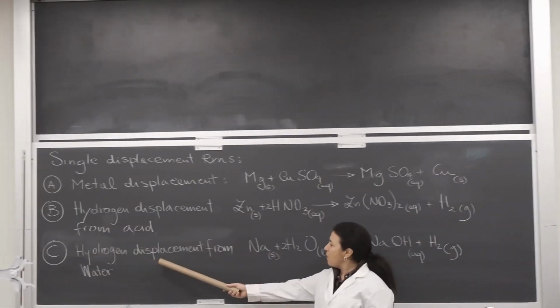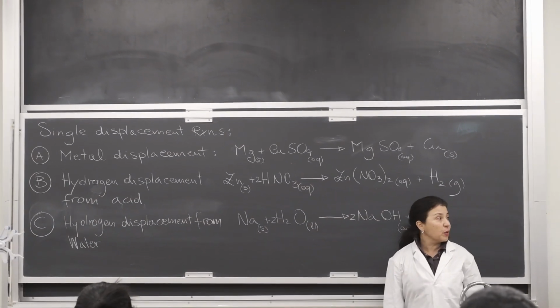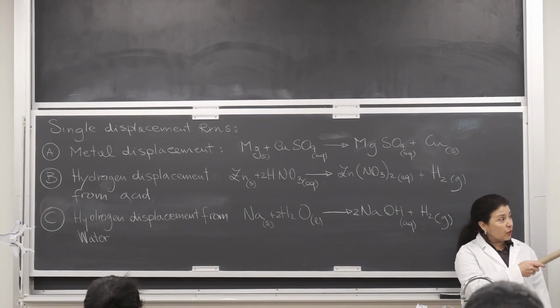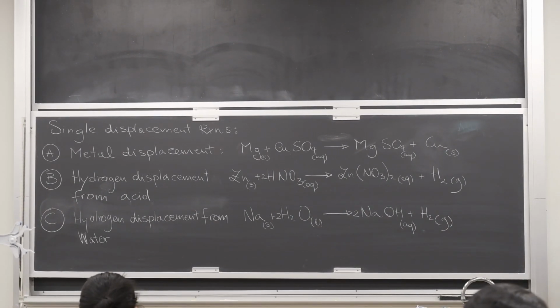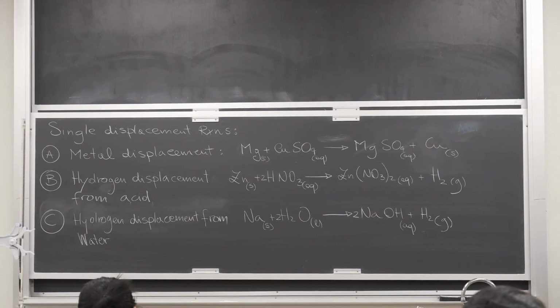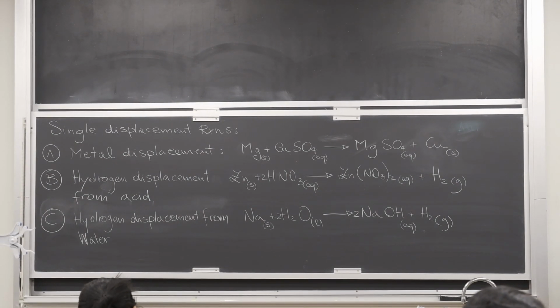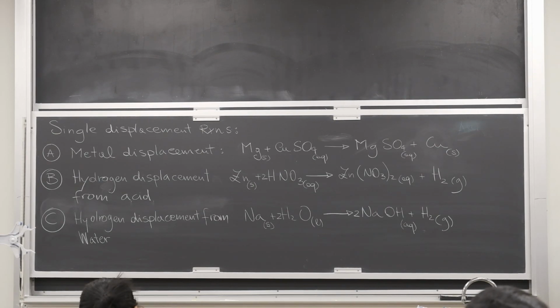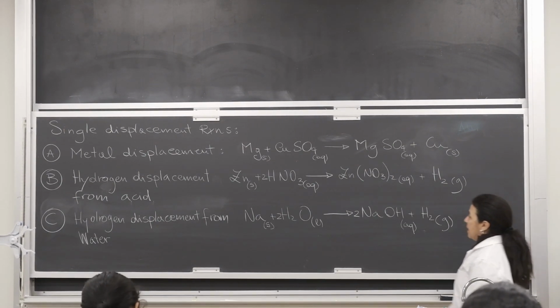Hydrogen displacement from water happens with the elements from the first group, here, which are the most active elements in the periodic table, and second group, particularly calcium, strontium, barium. These are the most active elements. And how does it happen?